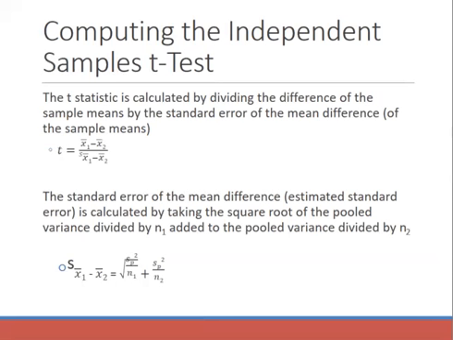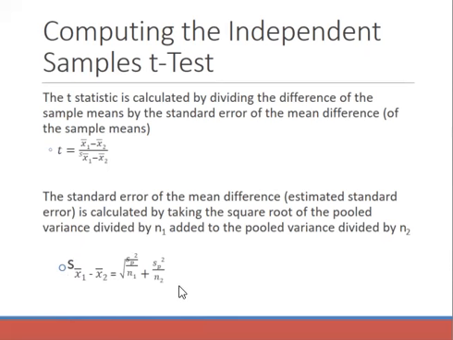So in a single sample, the standard error is the amount of error expected for the sample mean. In the independent samples case, we're looking at the expected error when using a sample mean difference to represent the difference in the population. So this is the standard error of M1 minus M2, right? Of the first sample mean minus the second sample mean. Note this whole thing should be under the square root.